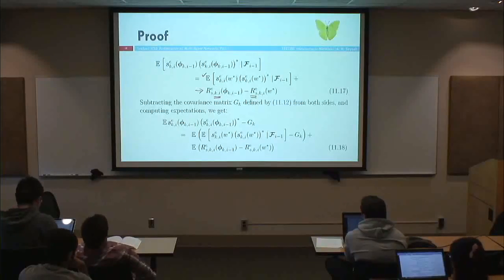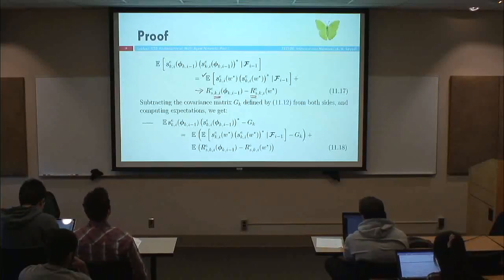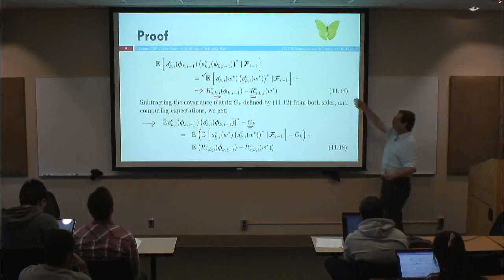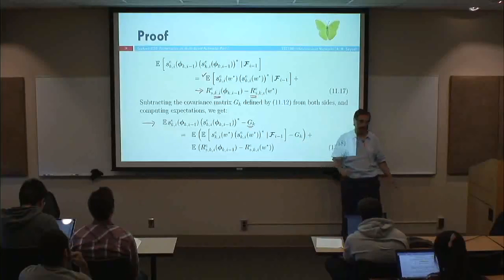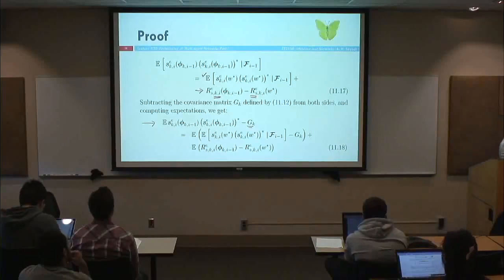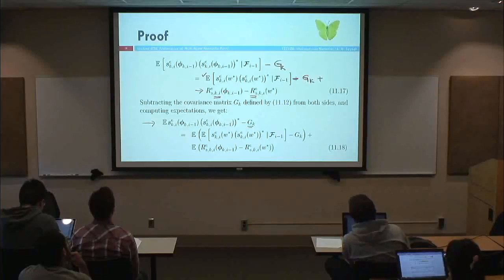Very good. Now I'm interested in how far the covariance is from G, so let's subtract G. If I subtract G from the left, I subtract it from the right. So here it is, I subtracted it, correct? Nothing changed. Take expectations again.